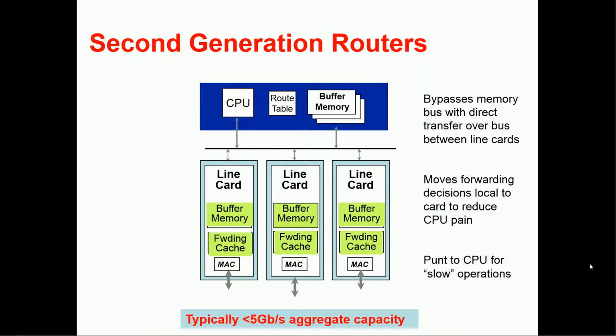The nice thing with the second generation is forwarding cache and larger memory buffers per inline card. One of the issues was that when we had to rely on just the system's memory, it was slow, and the CPU was being bottlenecked.